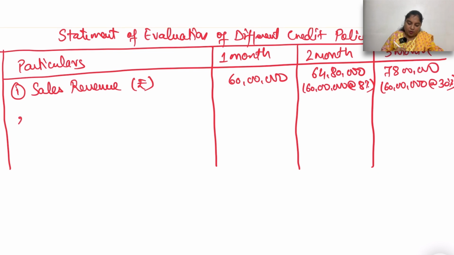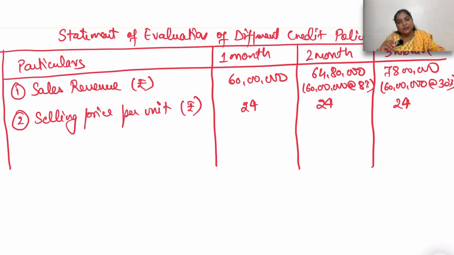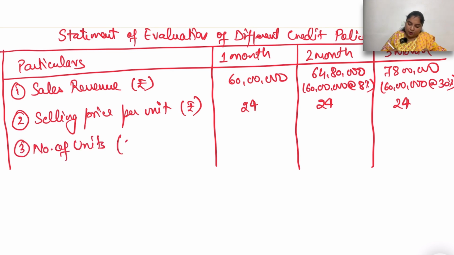Agree? So we got the sales revenue very easily, whatever was given. Then we have a selling price per unit, total 24 rupees, given and used in all the cases. So it is easy to get the number of units. Please satisfy yourself.